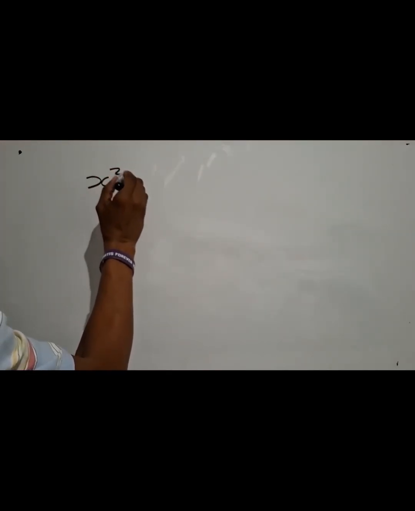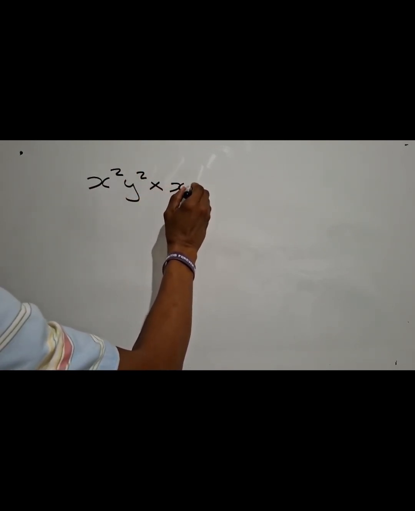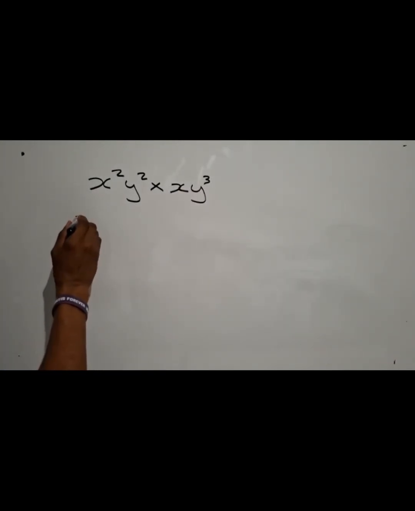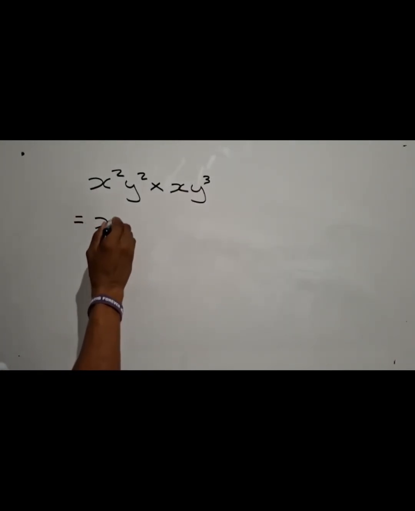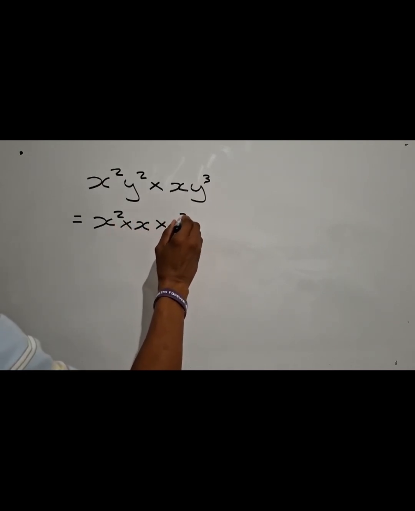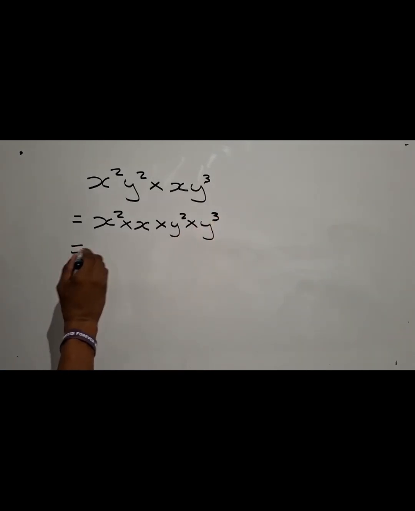Okay, let's do another one for the road. Quite easy again. So it's x squared y squared times x y raised to the power 3. So let's bring the x's closer and the y's together as well. So we have x squared times x times y squared times y cubed.